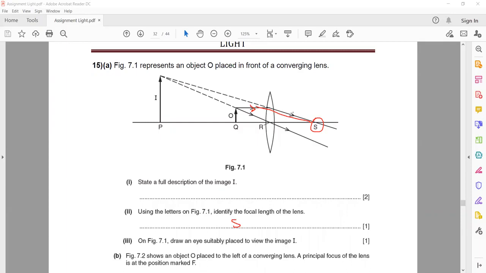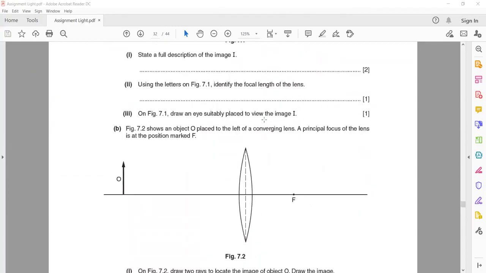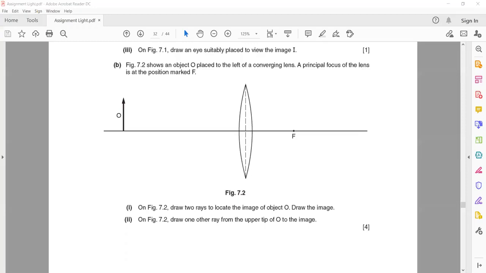On a figure, draw an eye. We'll draw the eye at this point. Figure 7.1 shows an object left of the converging lens.